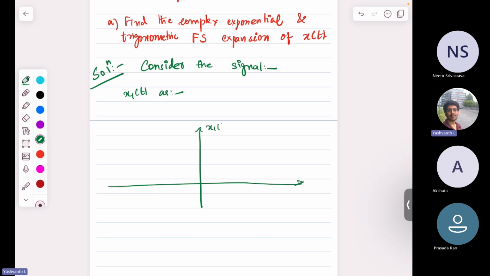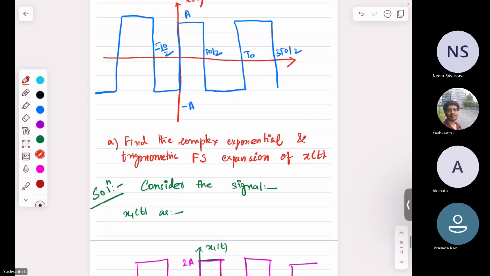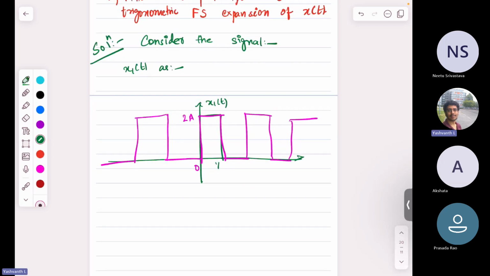This is x1 of t, in some other color maybe. The amplitude of the signal is 2A and 0. And it's between T naught by 2, T naught, 3 T naught by 2, and so on. It is minus T naught by 2 and so on.